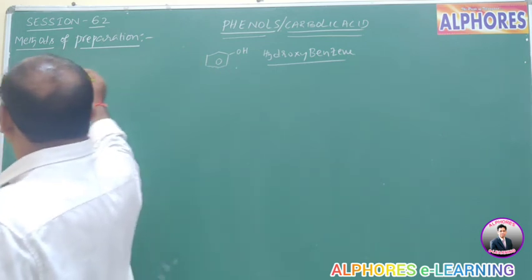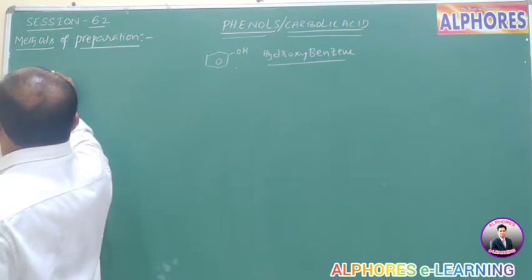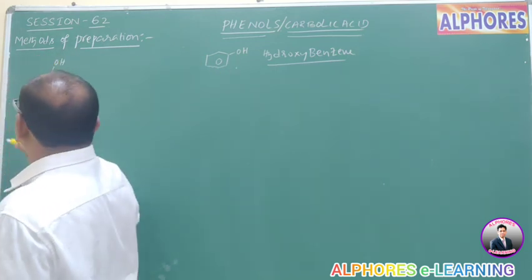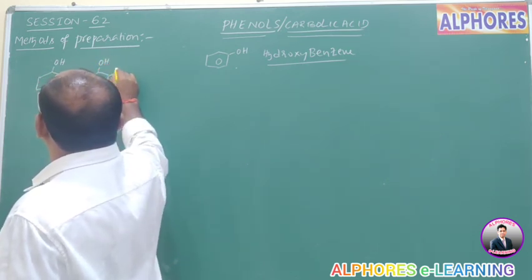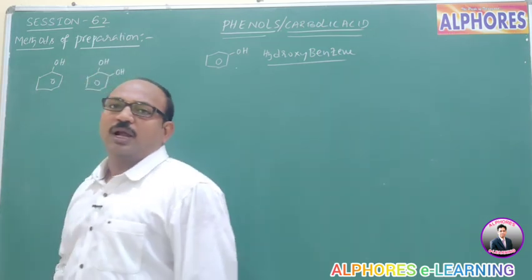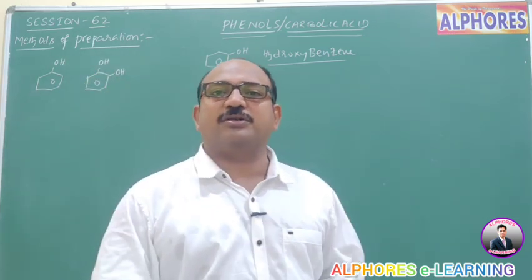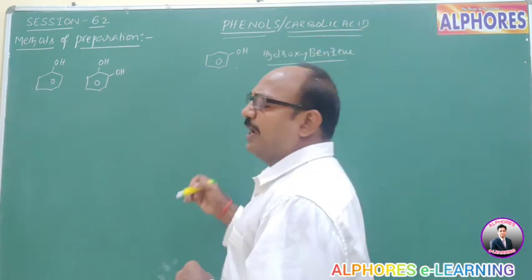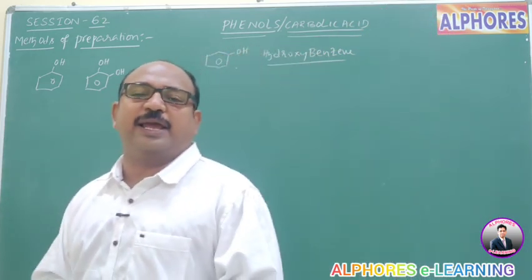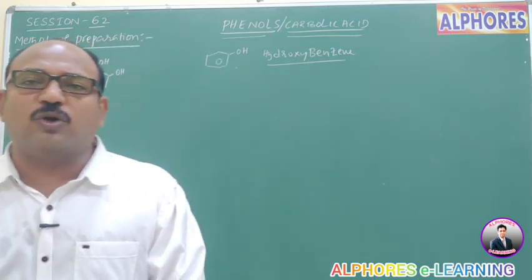Here, in phenol nomenclature, if two OH groups are there, we have ortho-dihydroxybenzene, meta-dihydroxybenzene and para-dihydroxybenzene.